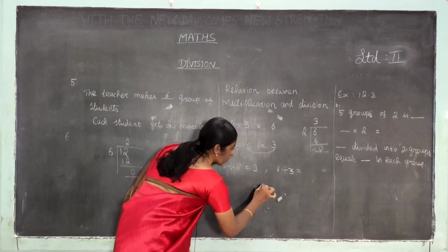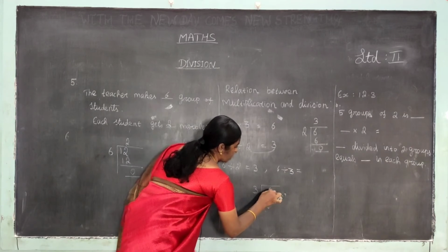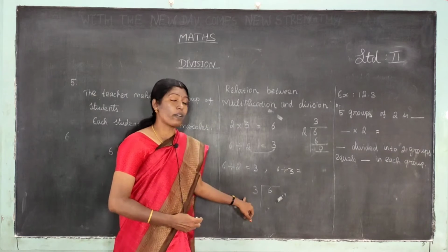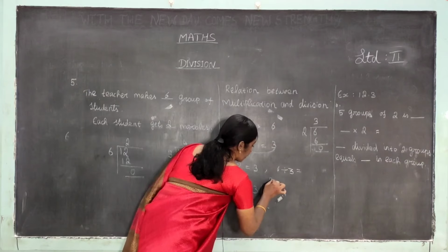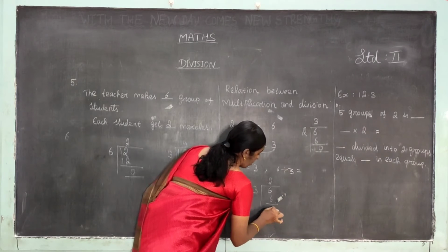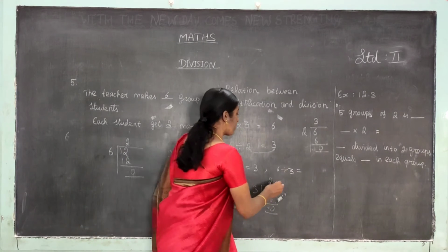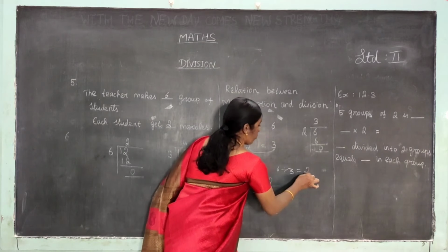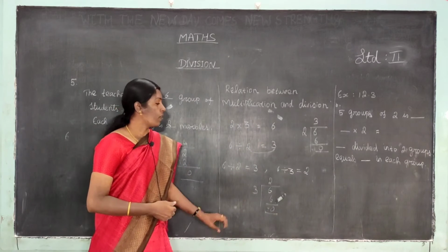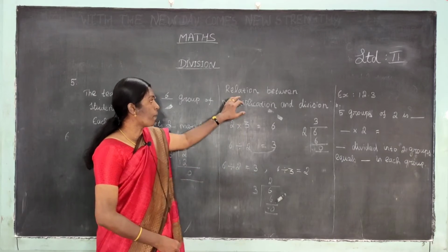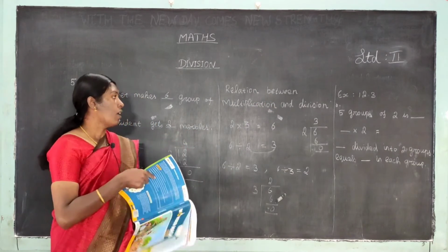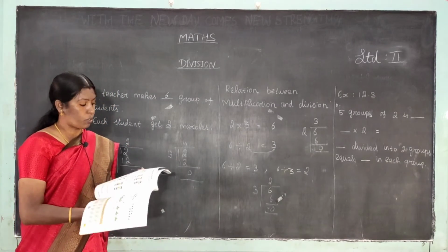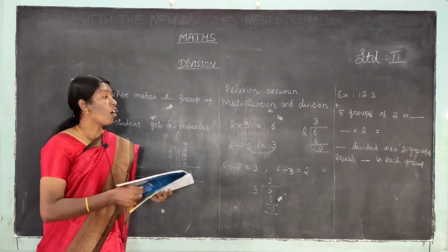Let us try. Divide 6 by 3. 3 1s are 3, 3 2s are 6. So 6 divided by 3 is also 2. This is the relation between multiplication and division. Do you understand? Next we shall go through the next one.